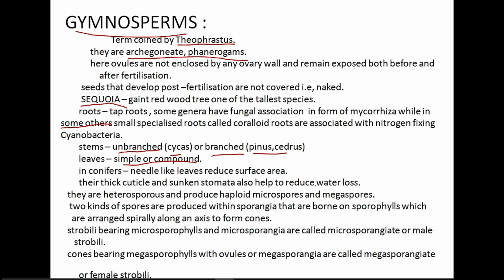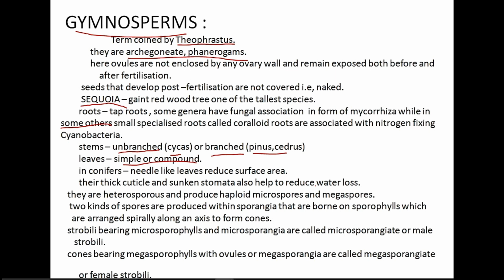So heterosporous is nothing but two different kinds of spores, whereas the first one is haploid microspores and the second one are megaspores. So here the two kinds of spores are produced within sporangia that are borne on sporophylls, which are arranged spirally along an axis to form compact strobili or cones.